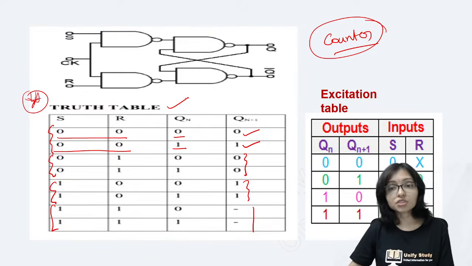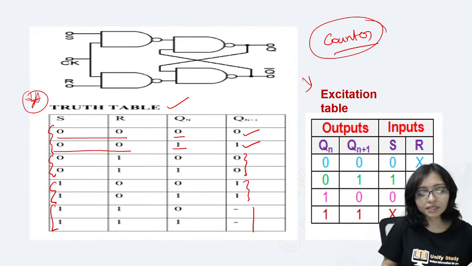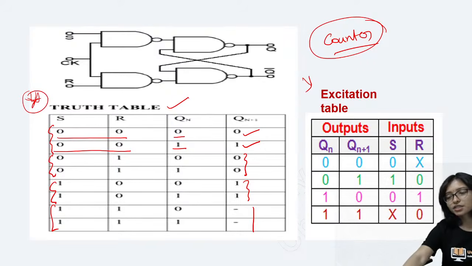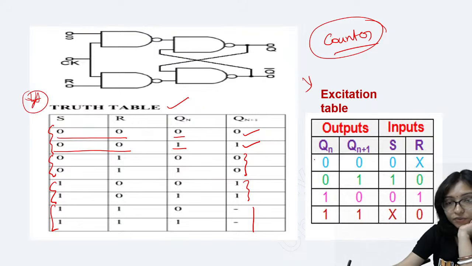Now from the truth table we have to prepare the excitation table. How does the excitation table come? Check it, you can see the excitation table very carefully. I am checking the combination 0 0, 0 1, 1 0, 1 1. This is my combination, right?